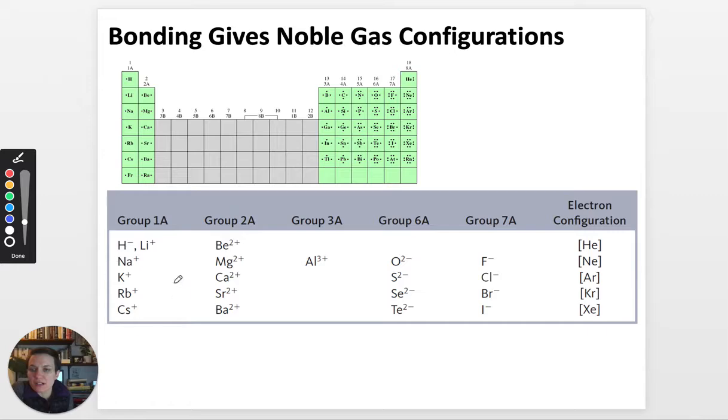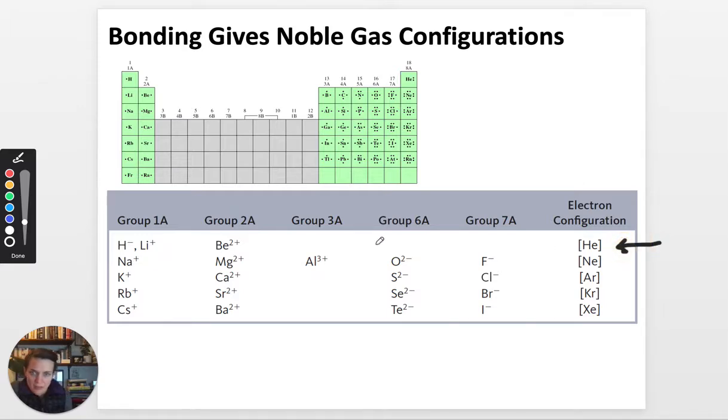So if you look here, we have group 1A. These are our bonding trends, right? This is our ion trends. Hydrogen will lose 1 electron and just become a proton. This is H negative. Oh, I guess you can have the hydrogen anion also, which would give the noble gas configuration of helium.